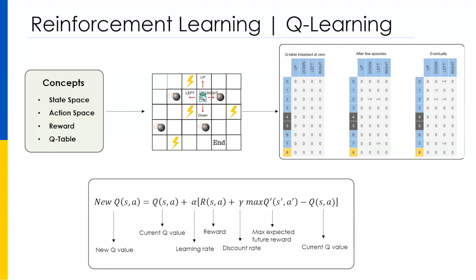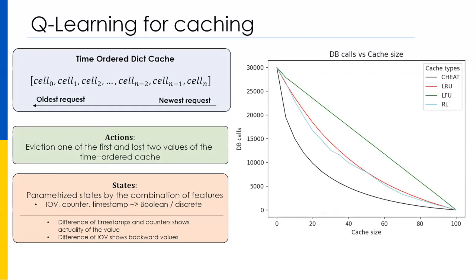And going to our cache. In our case, we're using a time-ordered dictionary cache. For eviction, we're using the first and last two values of the time-ordered cache, like the two least recently and two most recently used values. And as states, we're using parameterized states, a combination of features like IV, counters, and timestamps.